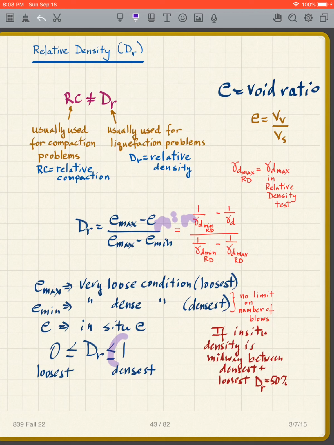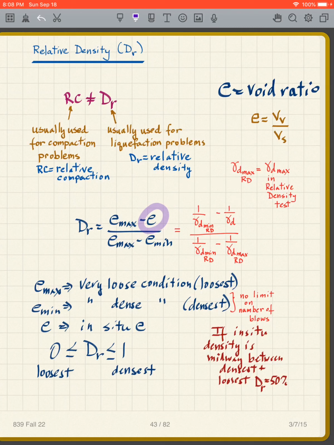I get D r is equal to 1. That's my densest situation. In other words, E min, the minimum void ratio, is the densest. On the other hand, if this is the loosest condition, and that is E max, then my numerator becomes 0.